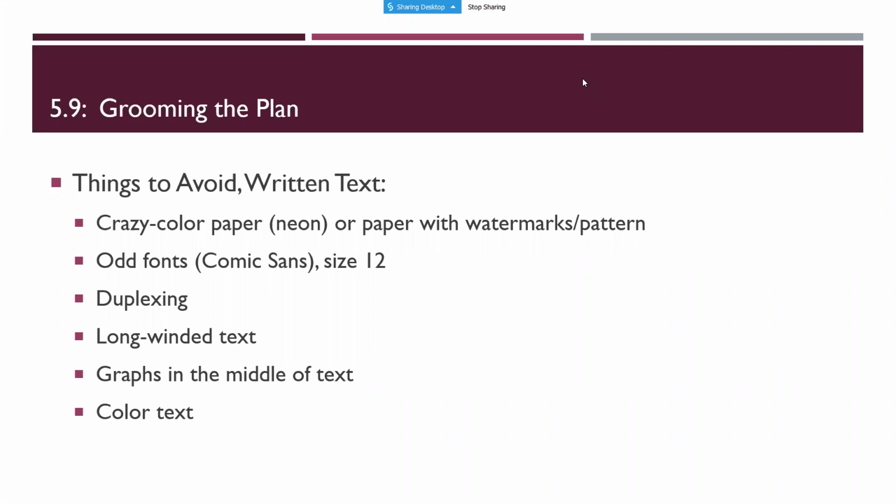Because you're reading something and you're seeing that watermark from the back of the page and it just distracts you. So watermarks, pattern on the paper, it's a no-go. Just keep it a flat color, normal color.